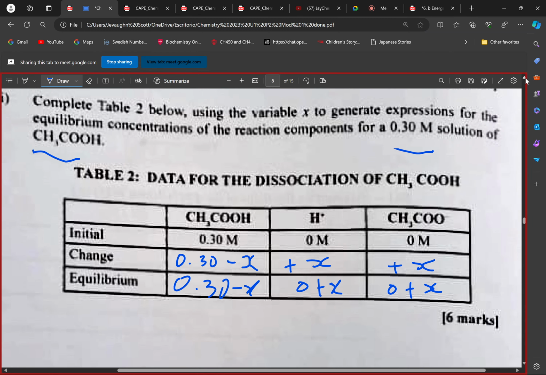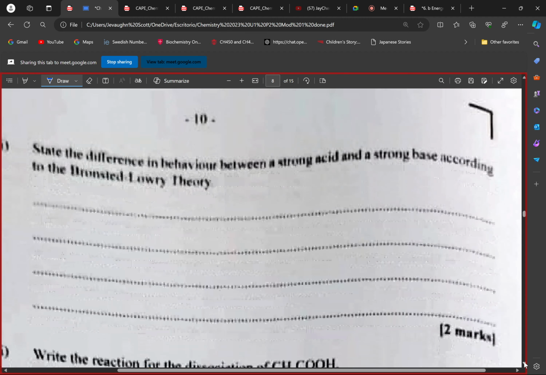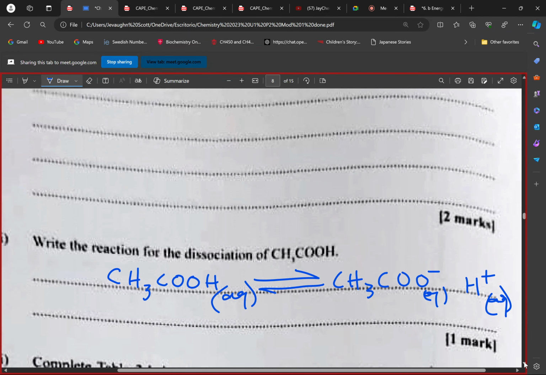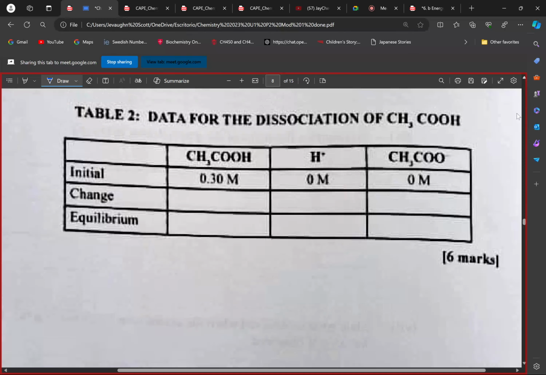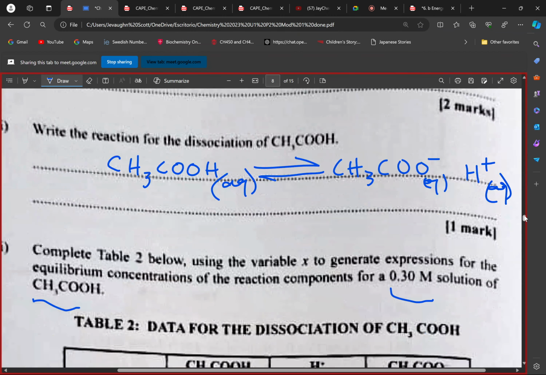But have a look at this. If we look at the dissociation reaction that we wrote up here, it's one of these producing two of these here.